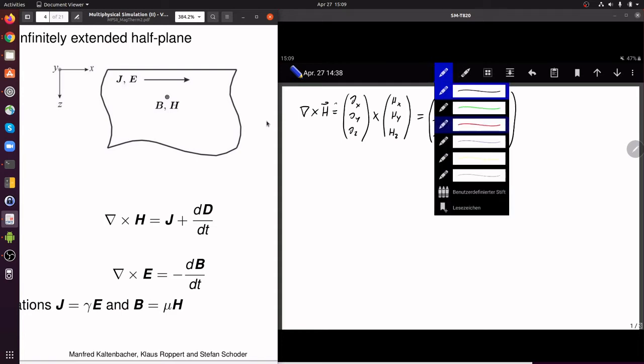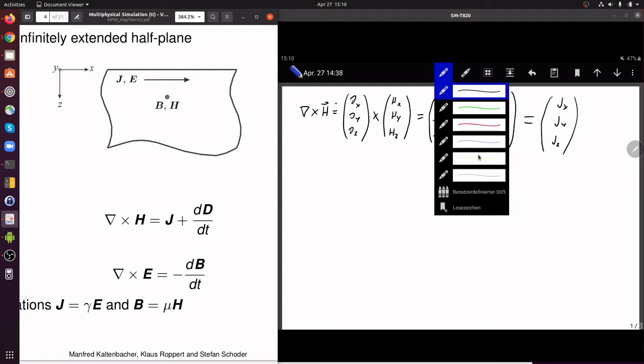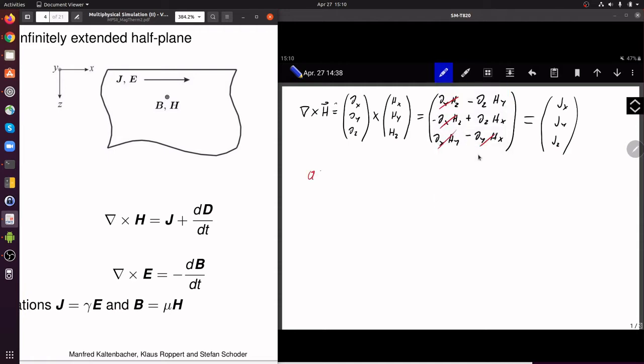So what's the right-hand side of this equation? Here we have, if we neglect the time derivative of the displacement current density, only the current density, which is again a vector (Jx, Jy, Jz), and we assume this J is a J of x.